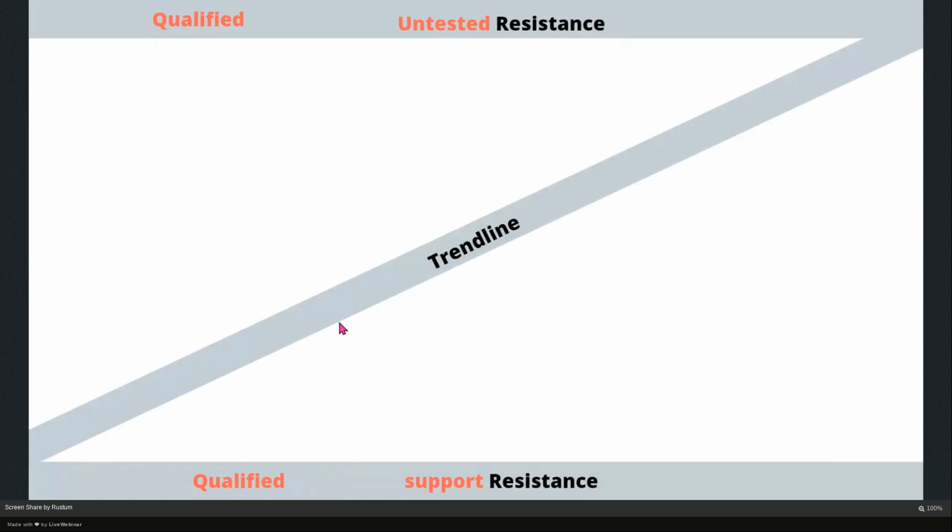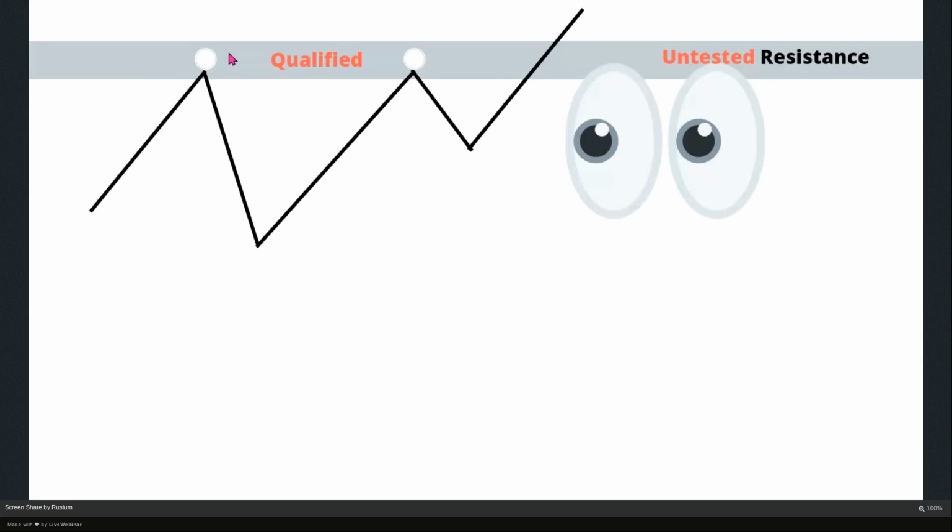But we don't even look at it if the area itself is not qualified. So we need these 2 points where price has come up and pivoted away from there and come back up there. So this now becomes a qualified level if there is an excursion beyond the mean.